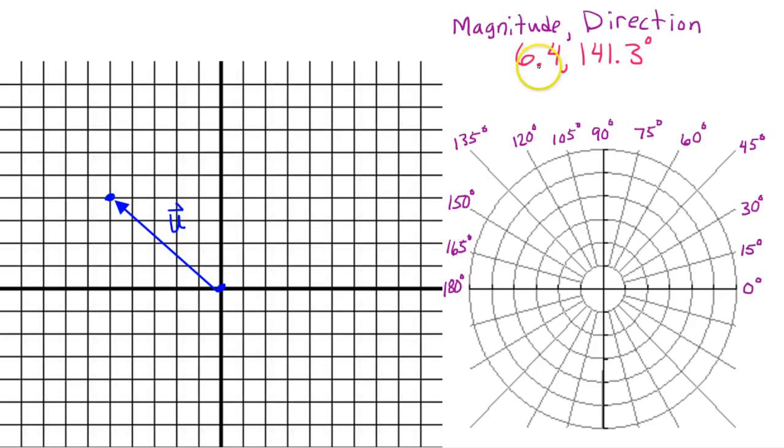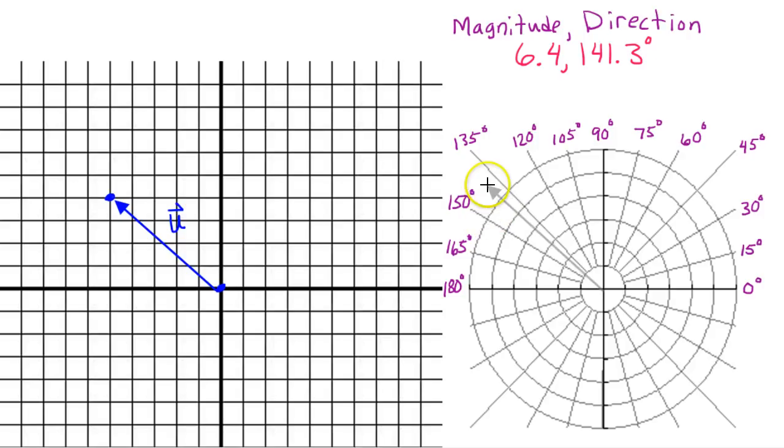Here's the magnitude and the direction of the vector that we're going to graph on this neat circular graph. Each one of these pre-marked angles increases by 15 degrees. I've labeled enough of them to contain the angle that we want. So we need to find our way to 141.3 degrees.